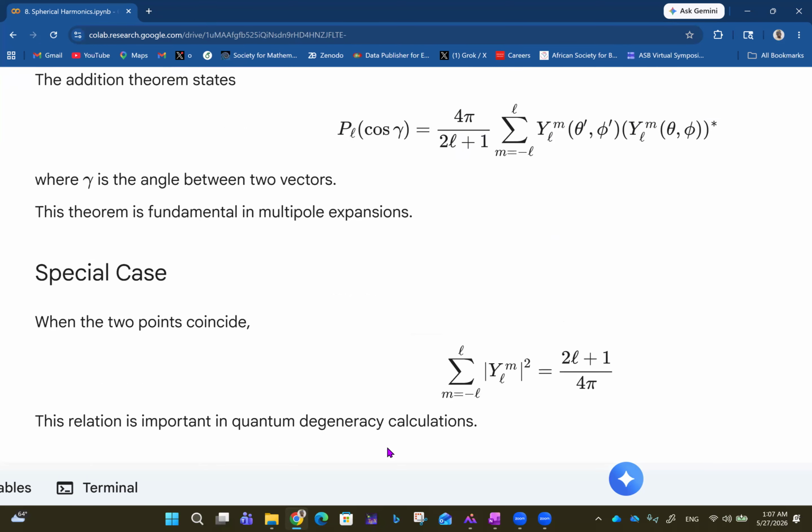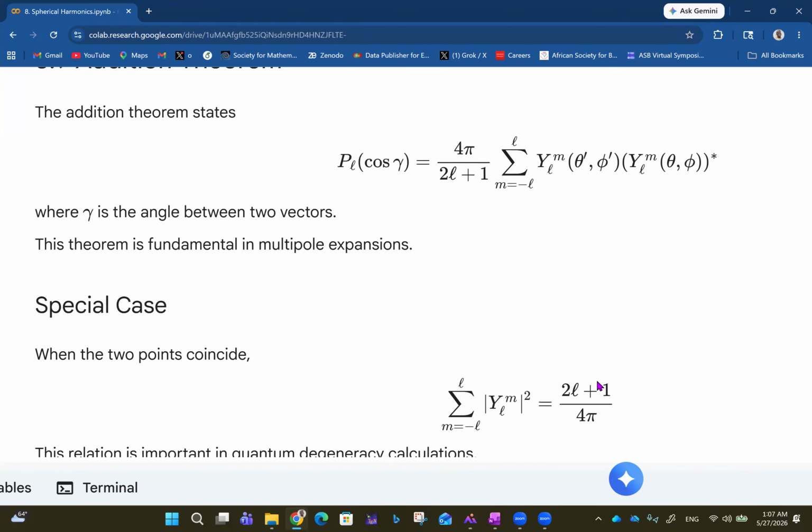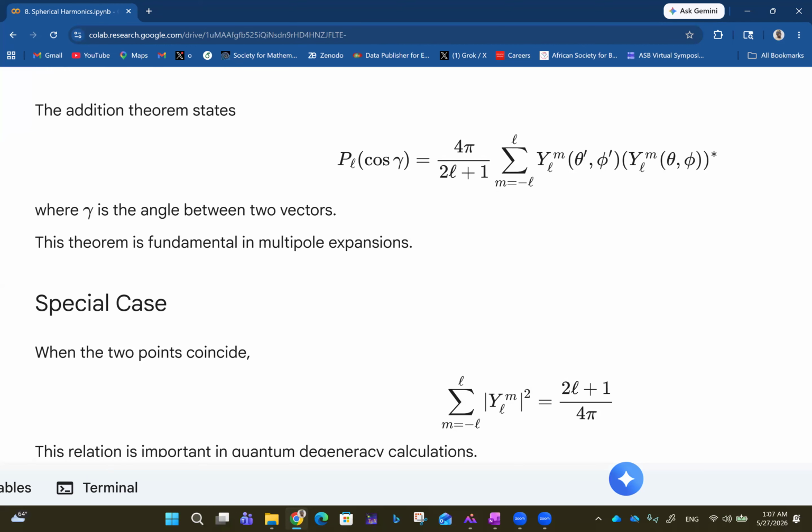There is a special case where the two points coincide, where the summation from M equals minus L to L of the absolute value of Y_LM squared is 2L plus 1 over 4 pi.